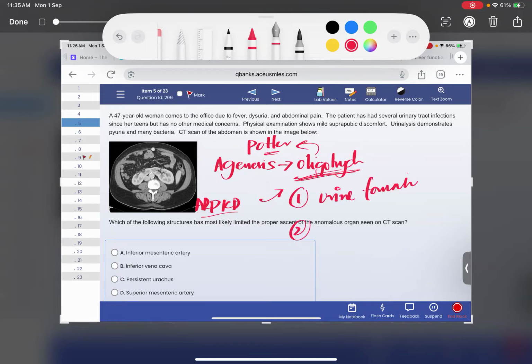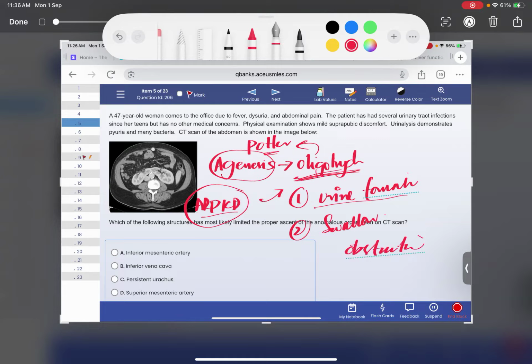The other is that urine is removed from the body and the baby swallows it. This is the normal mechanism. If urine formation is decreased, as in autosomal recessive polycystic kidney disease and agenesis, we have oligohydramnios.